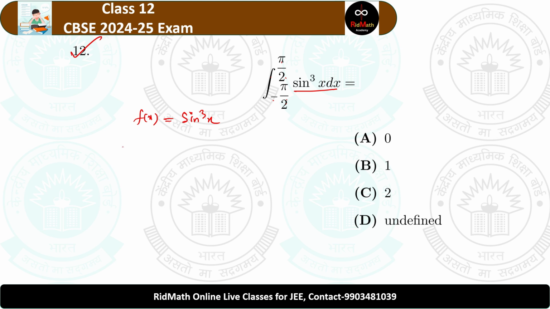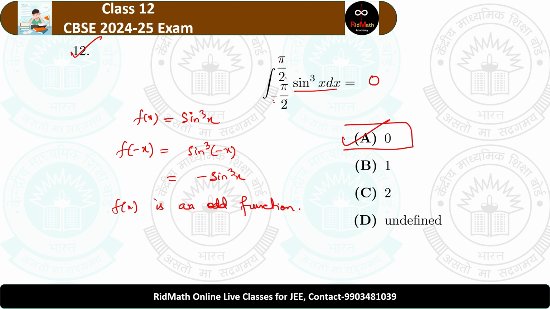So we will put minus x in place of x, that means sine minus x, and this is minus sine cube x. So this f of x is an odd function. So this integration will be 0 because this is minus pi by 2 to pi by 2. So A option is correct.